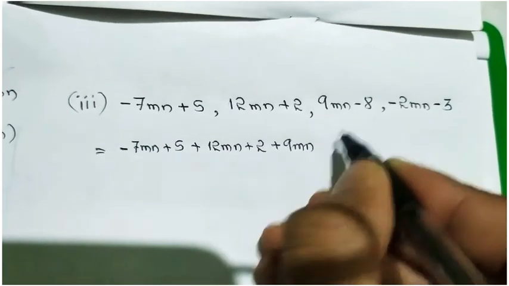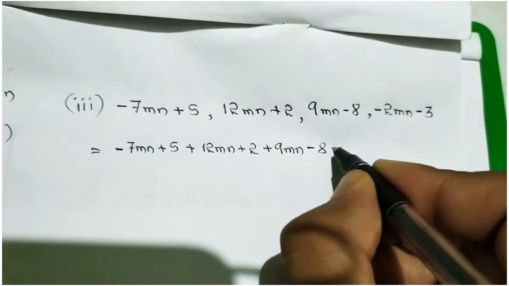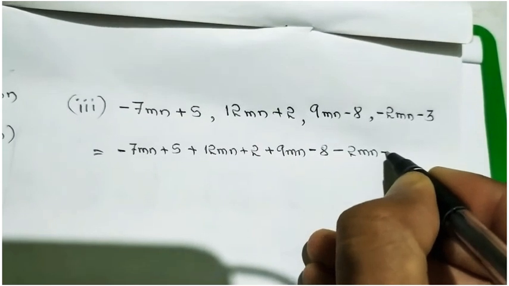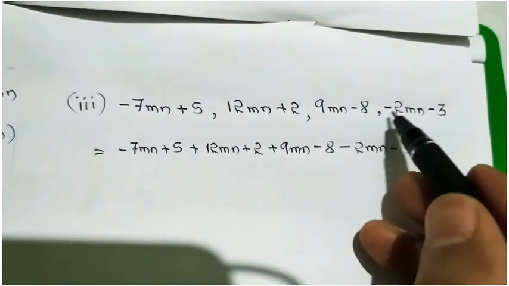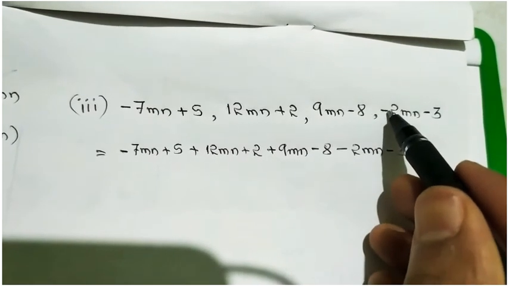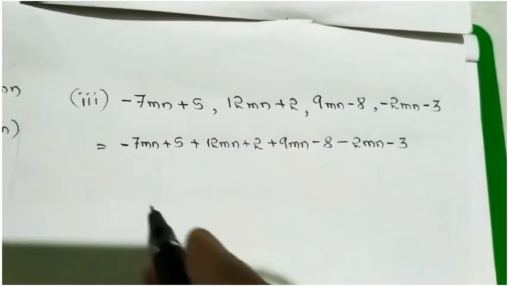Okay, so plus into minus, minus only 8, and again plus into minus, minus 2mn minus 3. Okay, so why I took here minus? So if I write here plus, plus into minus, again we will get the minus only. That's why directly I written here minus.